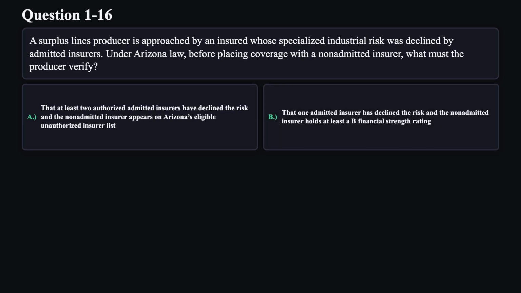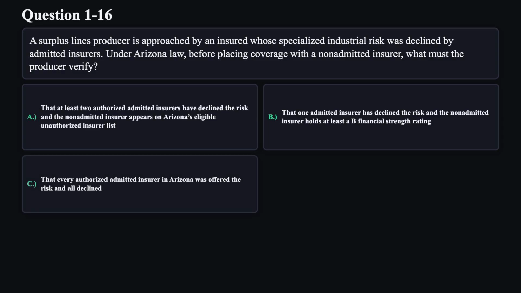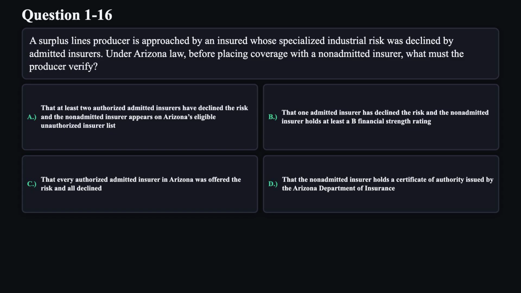B. That one admitted insurer has declined the risk, and the non-admitted insurer holds at least a B financial strength rating. C. That every authorized admitted insurer in Arizona was offered the risk and all declined. D. That the non-admitted insurer holds a certificate of authority issued by the Arizona Department of Insurance.